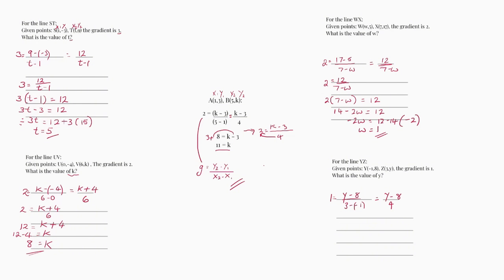So what have we got? We've got 1 equals y minus 8 over 4. Going to multiply that out. So we've got 4 equals y minus 8. That's a negative 8, and we're going to take that over. It becomes a plus. So y equals 12.